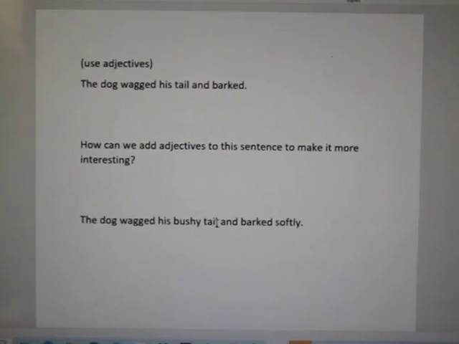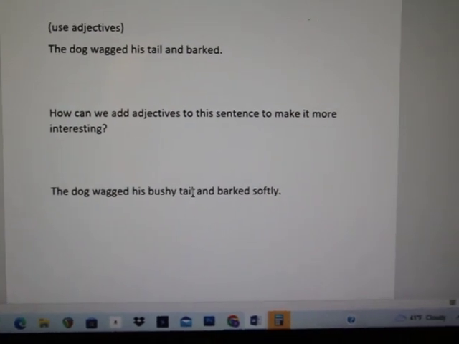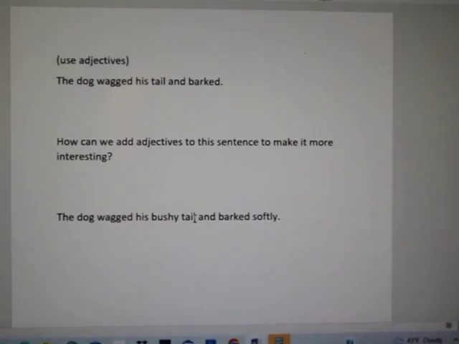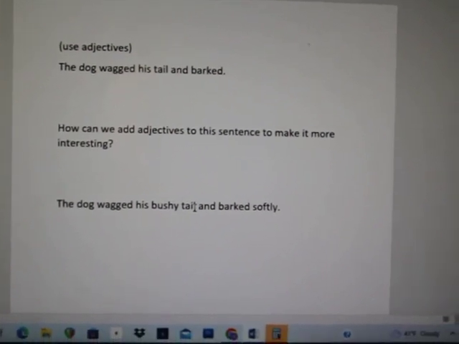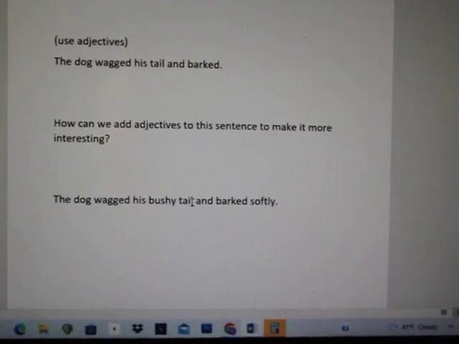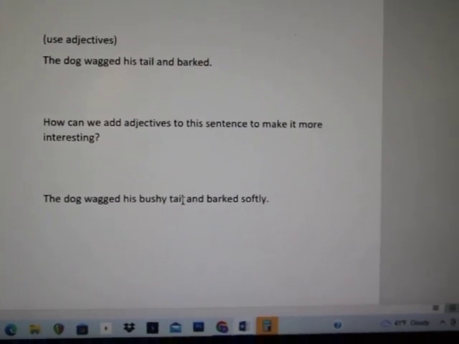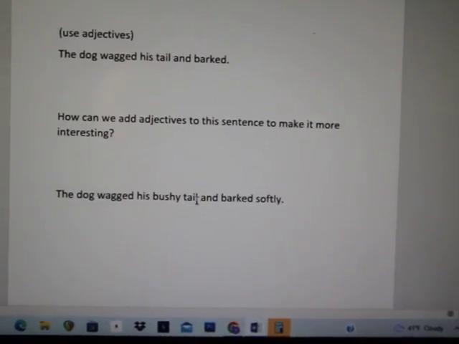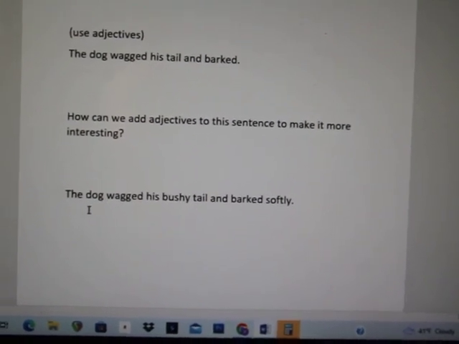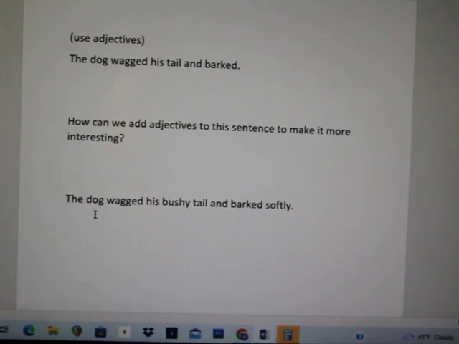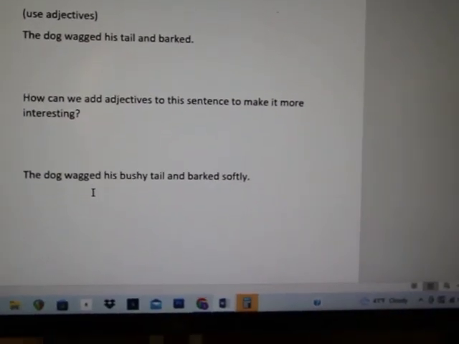You see how those adjectives give it a lot of interest and tell a little bit more about what's going on. Maybe the dog is a little timid, and so that gives us an idea about the dog. Instead of barking loudly or wildly, it's barking just softly, or maybe even whimpering. Some dogs do that. We could also give the dog a name, and this would be like editing.